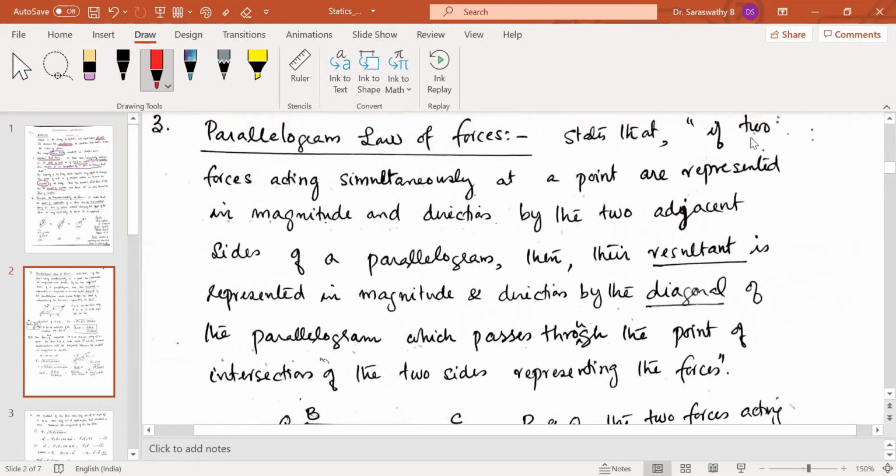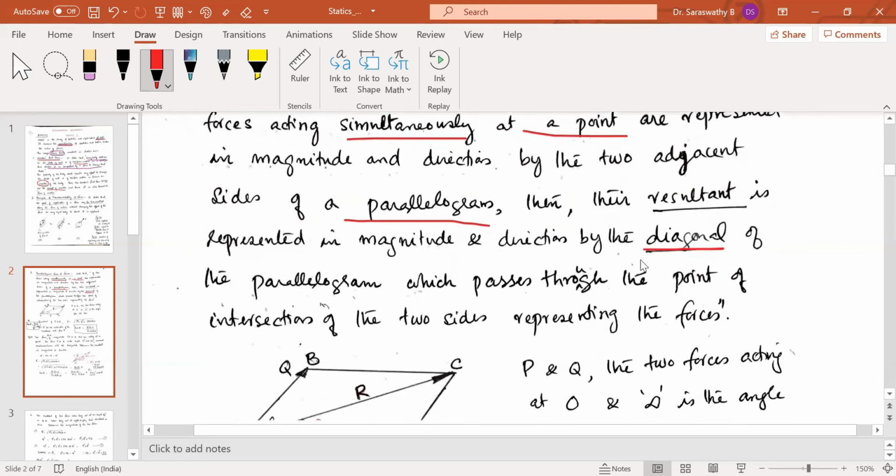If two forces acting simultaneously at a point are represented in magnitude and direction by the two adjacent sides of a parallelogram, then the resultant is represented in magnitude and direction by the diagonal of the parallelogram.